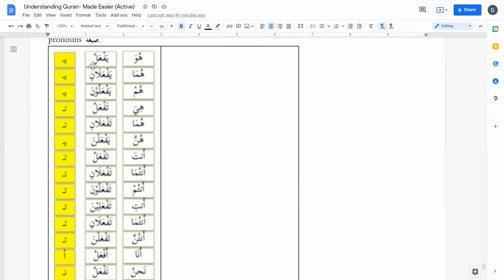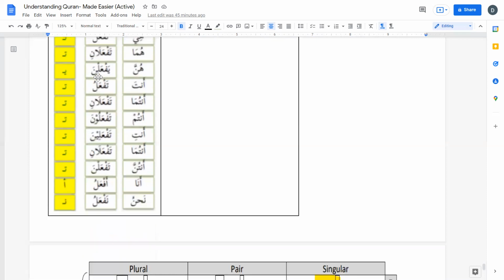Another category is hunna and antunna version, yaf'alna and taf'alna, and they remain the same whether they are rafa, nasb, or jazm in their appearance or form. The third category is these seven fi'l mudari: yaf'alani, yaf'aluna, taf'alani, taf'aluna, taf'alina, and so on. They show their regular or rafa form by the presence of this noon.